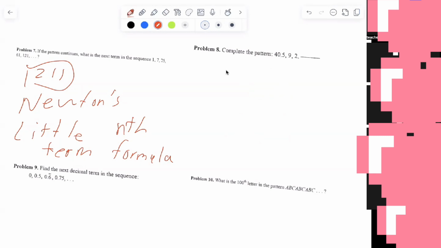So 40.5 divided by 9 is equal to 9 divided by 2. This is then equal to 2 divided by x. So yeah, the answer is going to be 4 ninths. I do not know quite how they got 9 fourths as an answer, but it's actually 4 ninths.